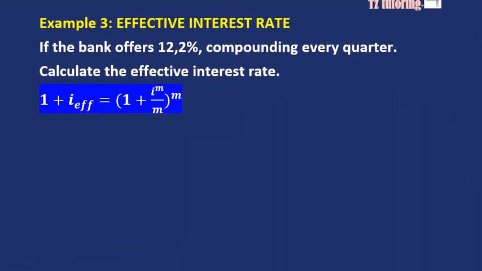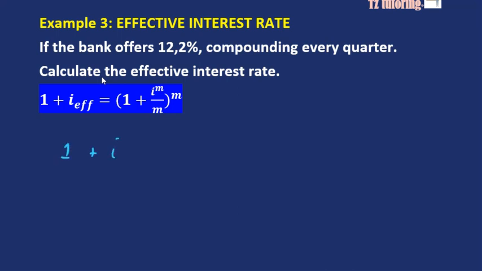Let's go on to the last question, example 3. The bank offers 12.2% compounding interest every quarter. Calculate the effective interest rate. Okay, so to calculate our effective interest rate, we would use this formula. And let's just plug into the formula.